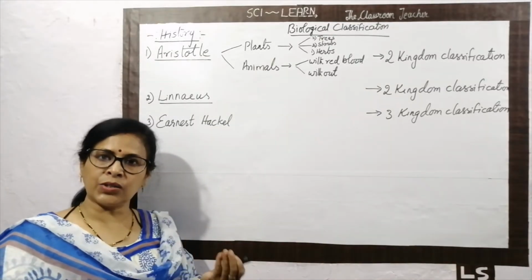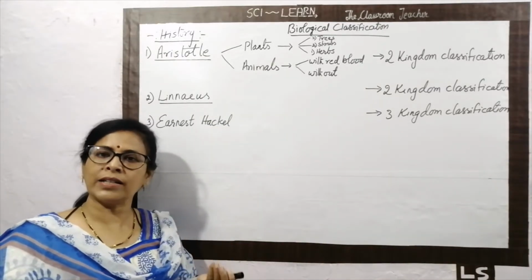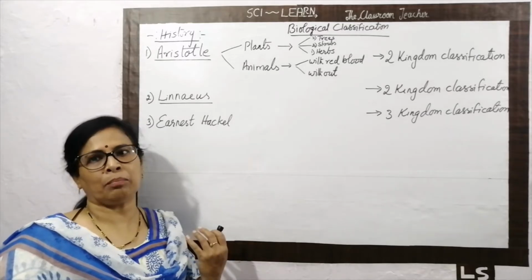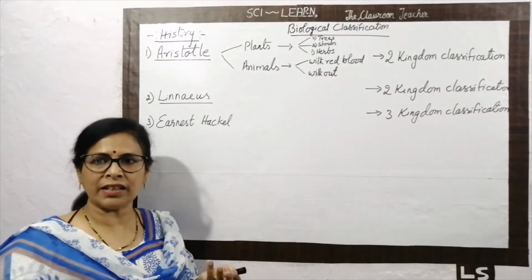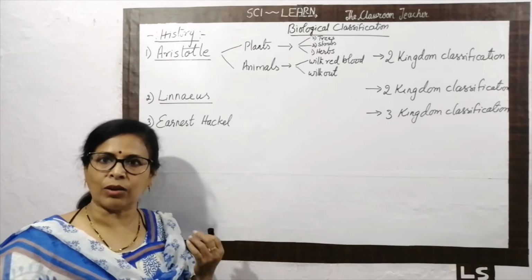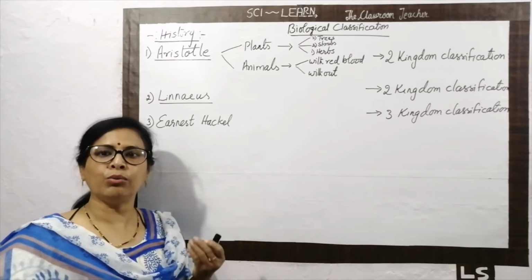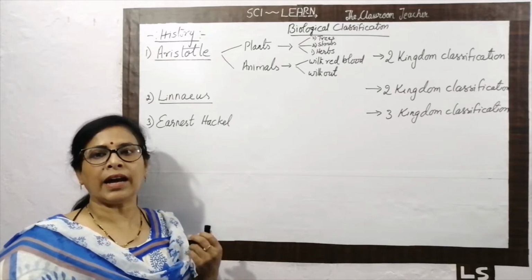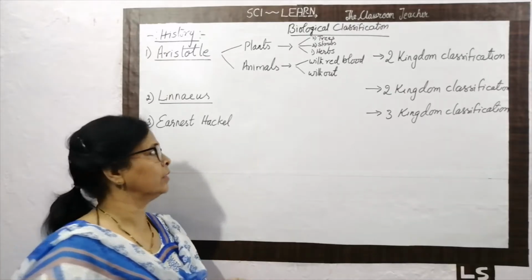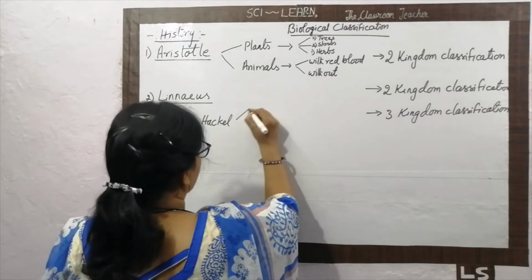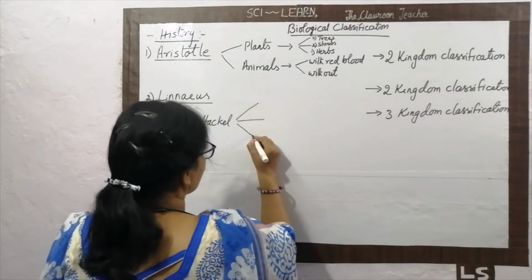According to Aristotle and Linnaeus, only two kingdoms are there. One is the plant, that we call Plantae. One is the animal, that is called Animalia. He included one more group of unicellular organisms, and that group is called Protista.